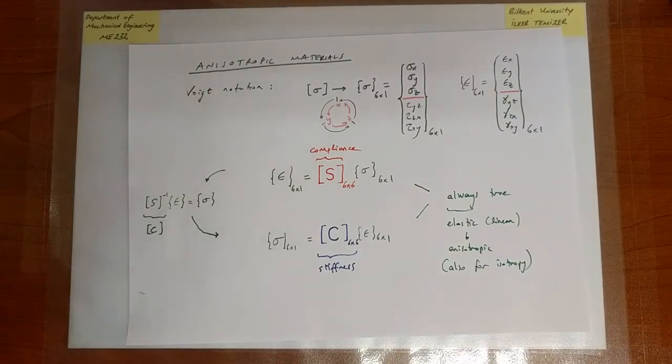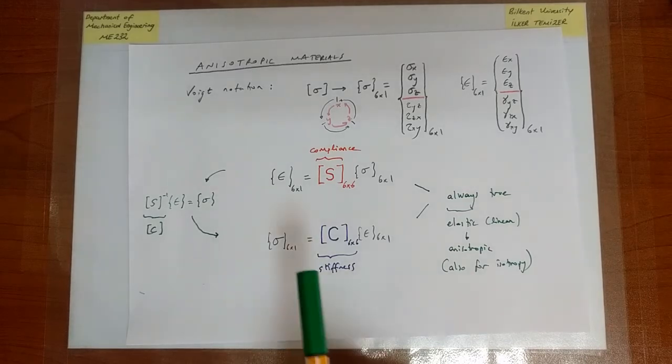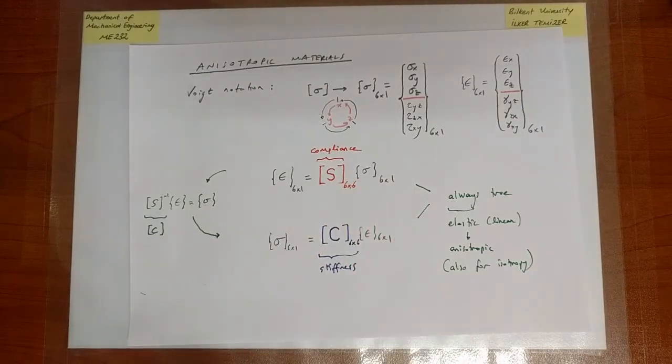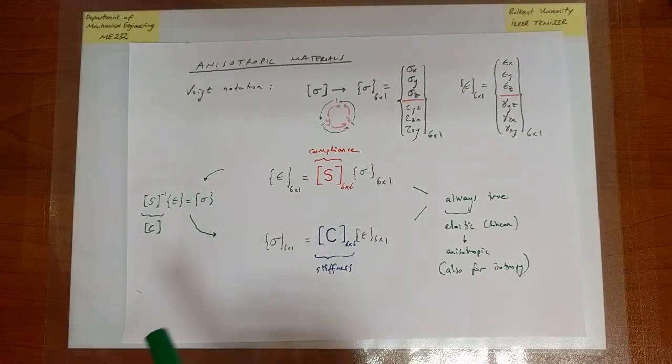Now, before we do that, let me finally note, or highlight once again, the number of constants that appear in either S or C. There are 36 constants, right? Because it's a matrix with 36 components.